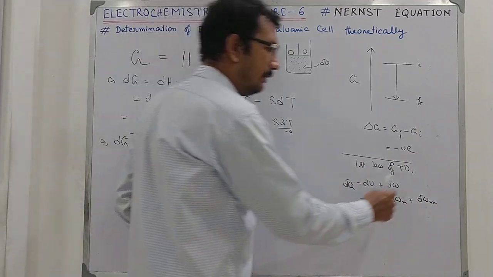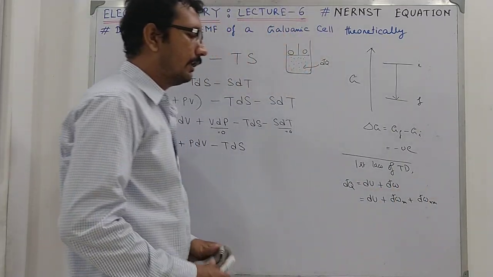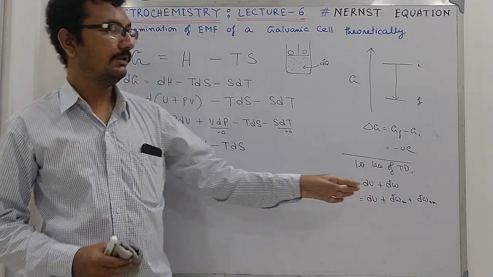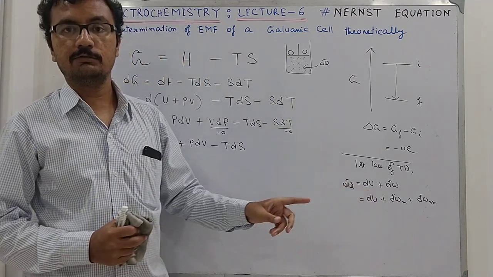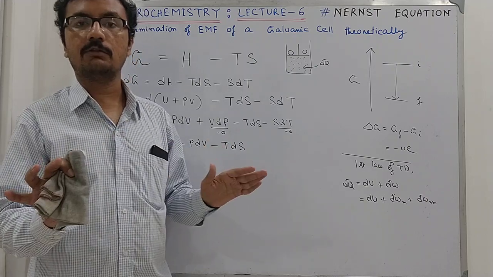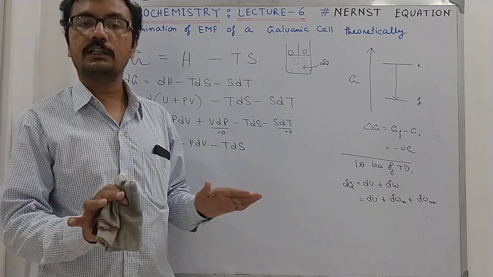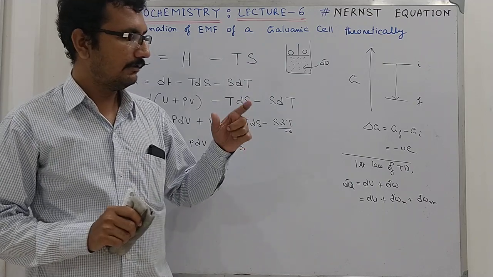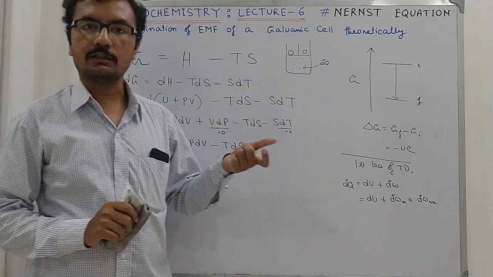But what about this non-mechanical work? You must not ignore this. You can ignore this only if someone informs you that there is no electrical work, that is non-mechanical work, available from the system. So electrical work is the indirect form of work.